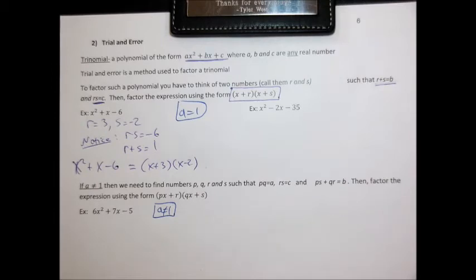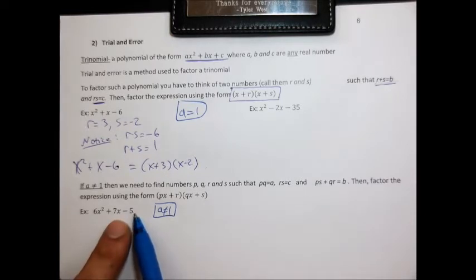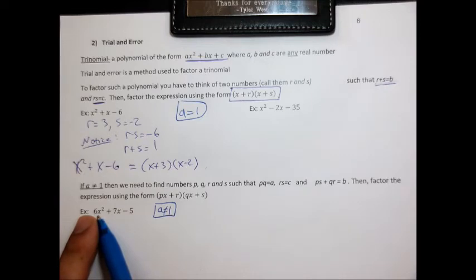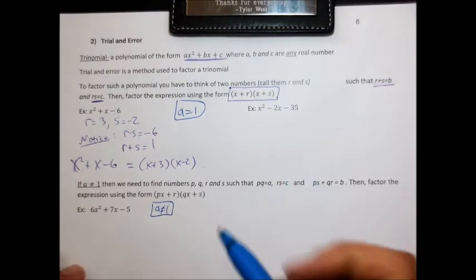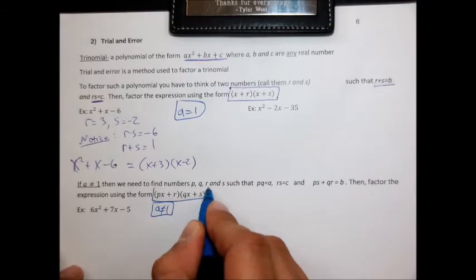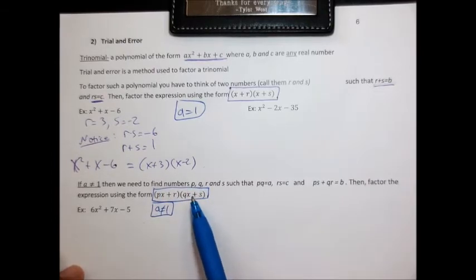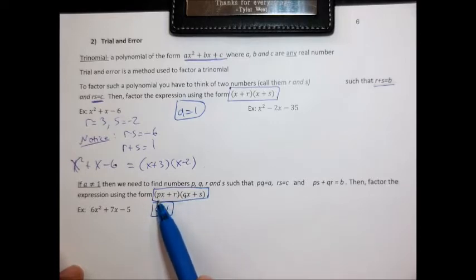Not only do we need to think of factors of the last term, 5, but we also need to think of factors of the first term, 6. Don't get too caught up in these formulas, but basically we're going to factor it into this form right here, where there's no longer a coefficient of 1 in front of the x.